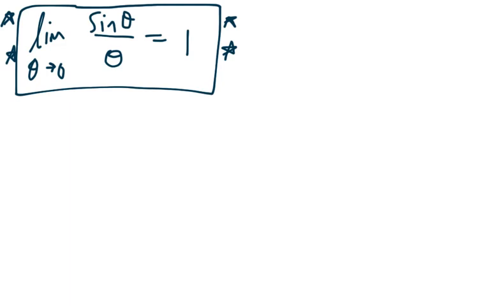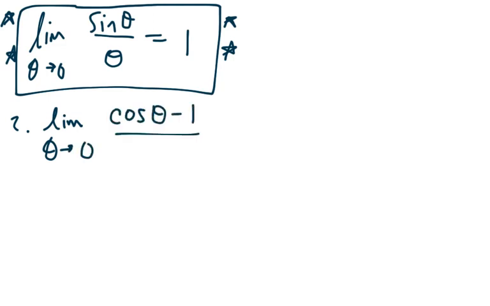Okay, so the next classic limit that I want to talk about is this one right here: the limit as theta goes to 0 of cosine of theta minus 1 over theta. For this one, again, we can't directly substitute because we'll get 0 over 0.